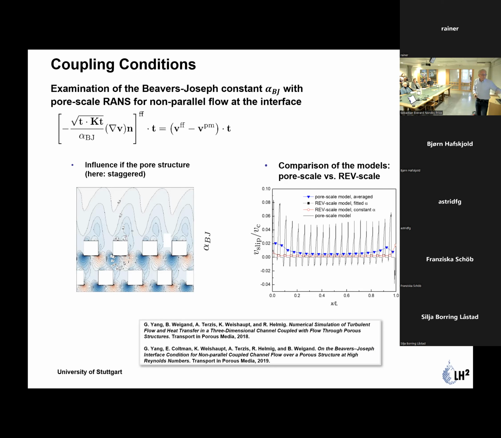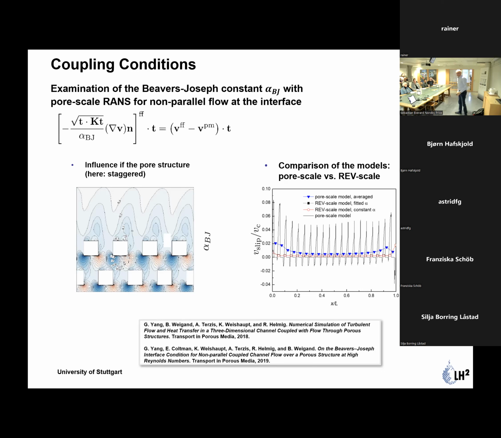And you see what's going on. On the REV-scale, we get this averaged blue line here. If we use REV-scale fitted alpha, that is the alpha value from Beavers and Joseph, I've mentioned this before, you get this black one here, and REV model constant alpha, it's this one. It means the alpha value describes the inclination between the velocity profile in the free and the porous media.